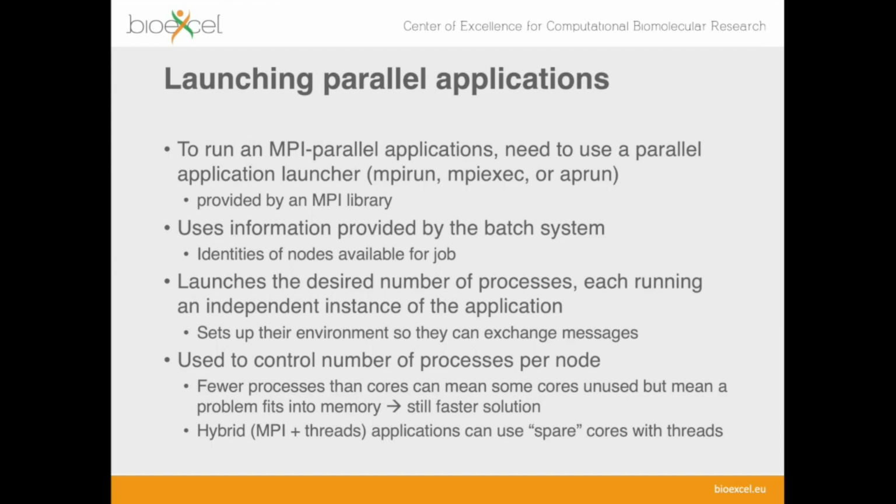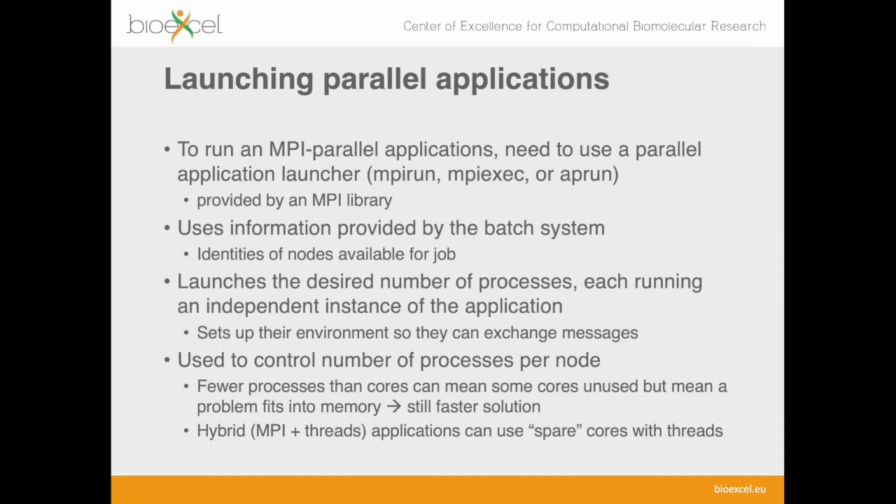But to run MPI parallel applications, which we said is a big part of running HPC software, you need to use a so-called parallel application launcher. You may be familiar with these if you've used any kind of HPC system before, or even a generic cluster. They would be commands like mpirun, mpiexec, srun, as is the case on ARCHER2, or aprun, as was the case with older Cray systems.